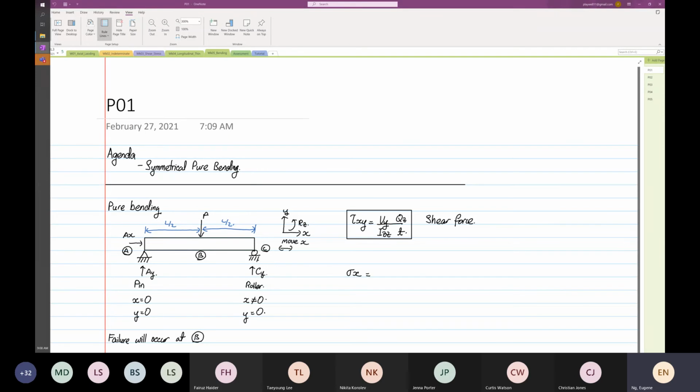What we have over here is sigma x equal to minus moment about the z-axis, Mz, divided by Izz, multiplied by y. So that is our bending moment equation. The failure over here is caused by bending moment.